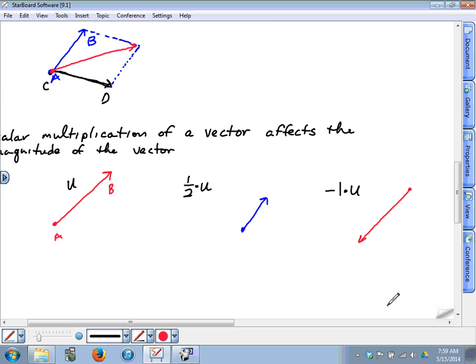Same magnitude, opposite direction. If you wanted to still call it AB, the initial point would be point A. The terminal point would still be point B.